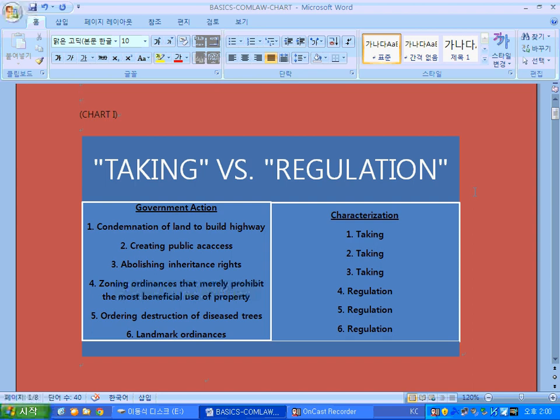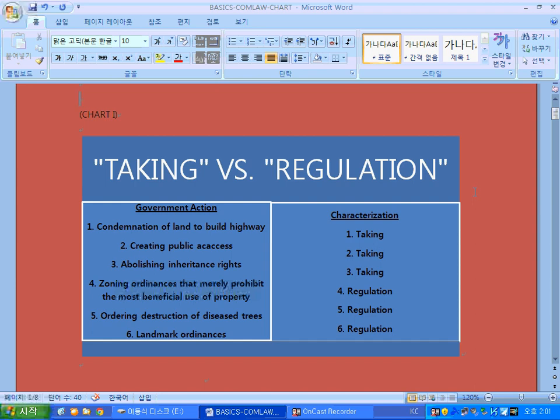You can see in chart 1 a taking versus regulation. I've classed some cases of government action in a categorical way, and I've employed the court opinion to characterize its status.